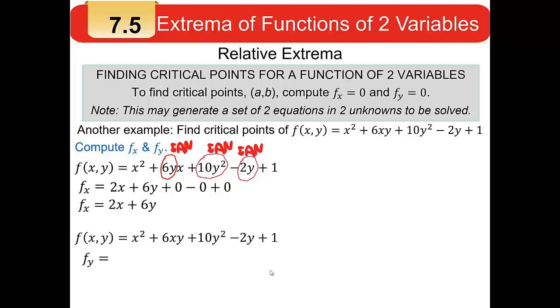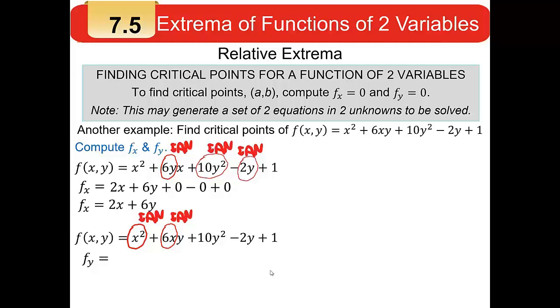Now I'm going to do it with respect to y. Now I have to remember that I'm holding x constant. So the first term and the 6x in the second term are both numbers. So their derivatives are going to be thought of in terms of that. There are no x's anywhere else, so all the other terms will have normal derivatives.